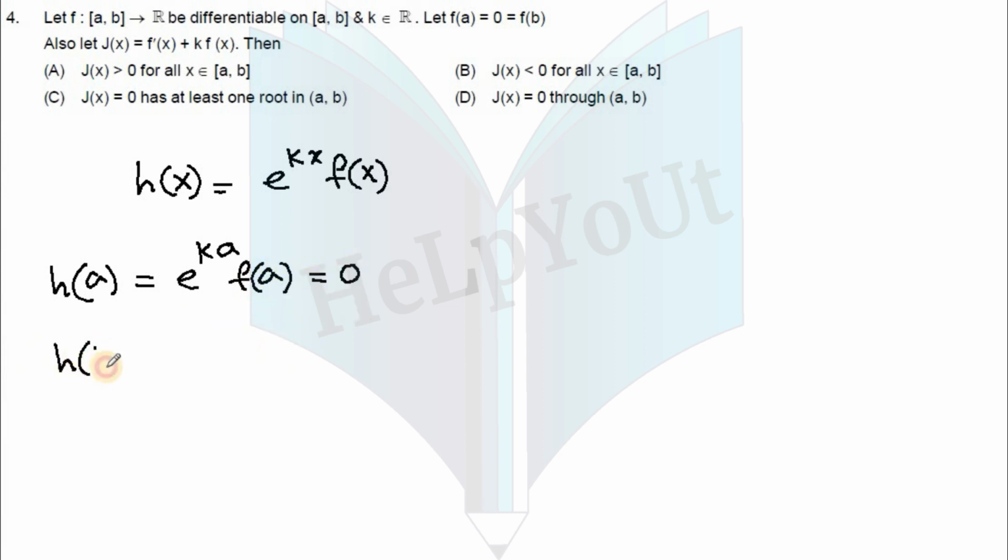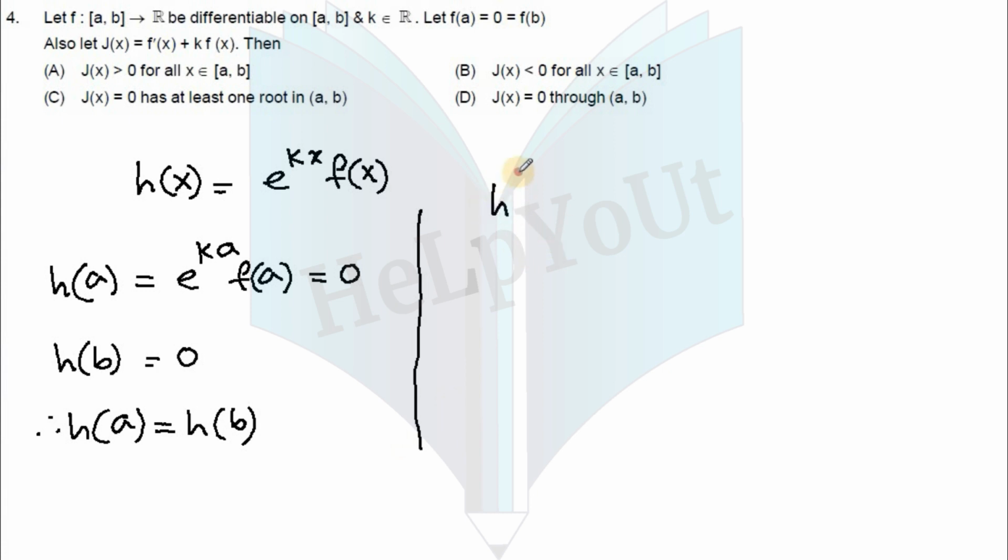Same way h(b) will be equal to 0 because f(b) is 0. So h(a) equals h(b), and the h(x) function is differentiable because f(x) is differentiable and e to the power kx is differentiable too. So this follows Rolle's theorem. Using Rolle's theorem, we will get h dashed c equals 0 for some c in the interval a to b.